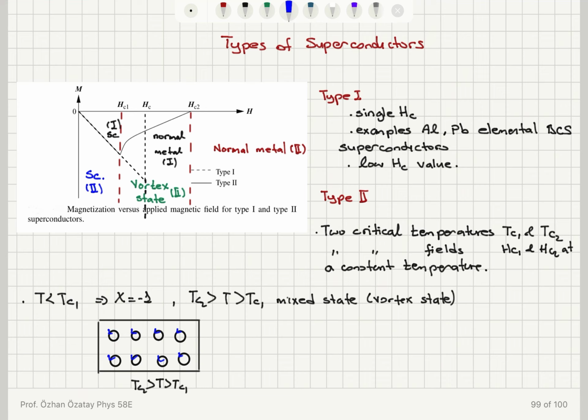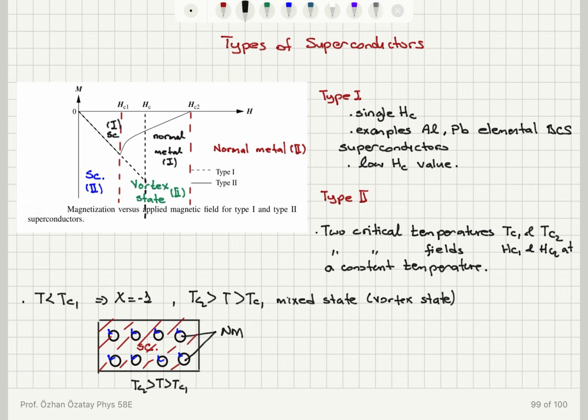Also, because these are normal metals, the flux lines can go through the normal metal parts, but the rest of it is in the superconducting state. So here we have the superconducting state.